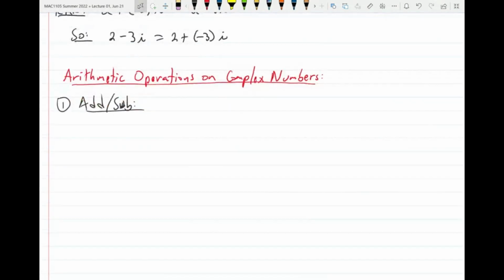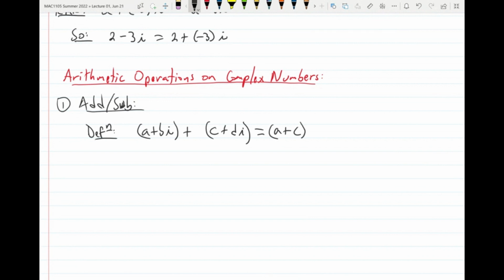I'm just gonna write here the definition. If you have a plus bi plus or minus c plus di, I'm gonna write the two operations at once. Let's say that you have two complex numbers and you want to add them, you just do real part with real part, and then imaginary part with imaginary part.